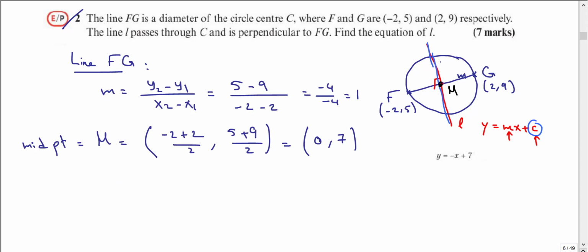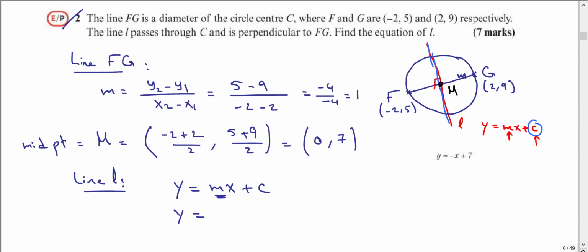We want line L. L is perpendicular. So you do y equals mx plus c. What is m here, Adam?